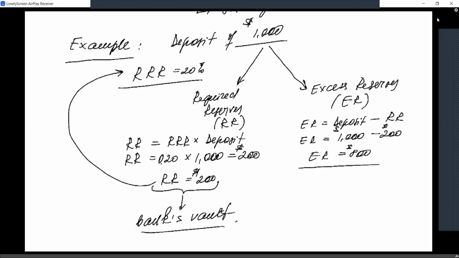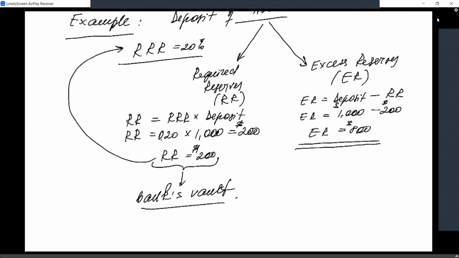Once the required reserves are satisfied, everything else, the remaining part of the deposit, will be called excess reserves. So we flushed the required reserve part, 20% of $1,000, down to the bank's basement. There is nothing else to discuss about that.